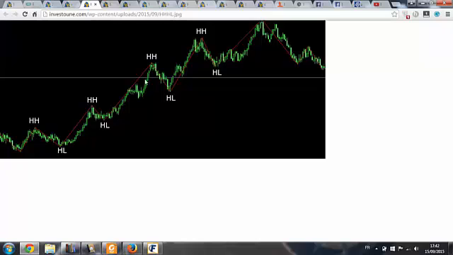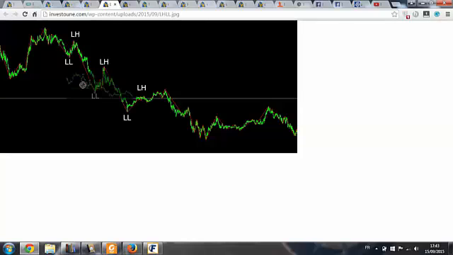So this is the first thing to do if you have an uptrend and you want to find new short trading opportunities. So this is another example for a downtrend, and if you want to go for long positions, this is the lower low and the lower high, and this lower low is confirmed by an impulsive move in the major direction of the trend.